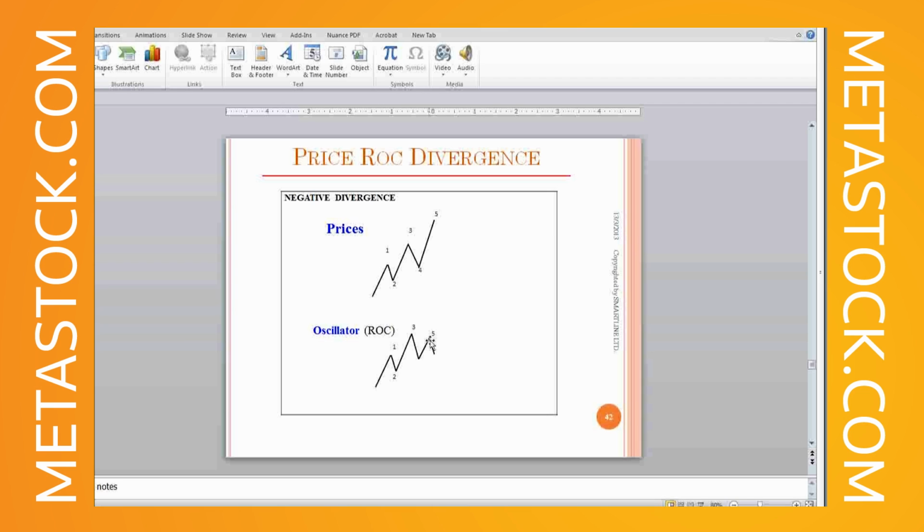Normally, if we go to the same level, the oscillator should reach the same level. Otherwise, there is a negative divergence. And look at what happened right after. The market continues slowly going up and giving us a lot of divergences of the oscillator. That's exactly the problem with the negative and positive divergences.